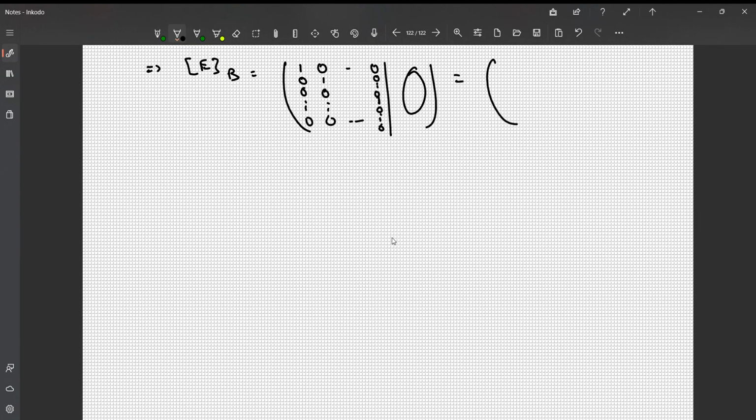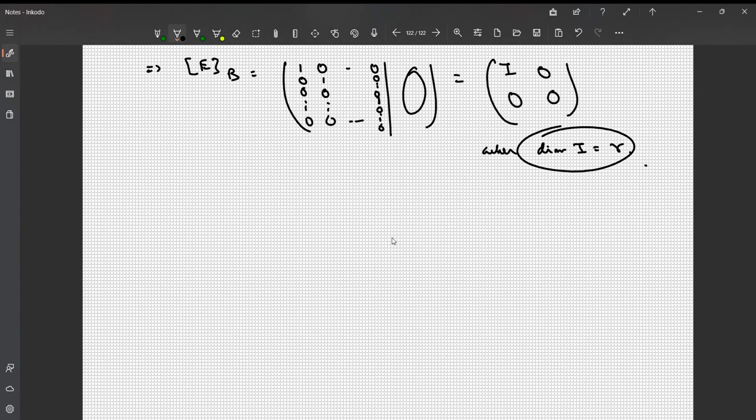So it can be typically written in the block form: I, 0, 0 and 0, where the dimension of I is r. So it is basically the r cross r identity matrix. Is it clear?